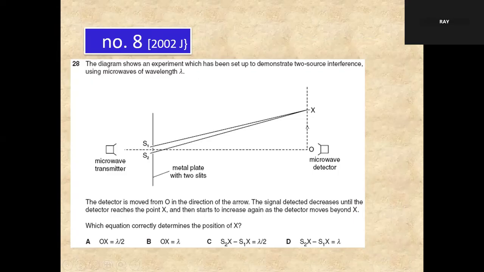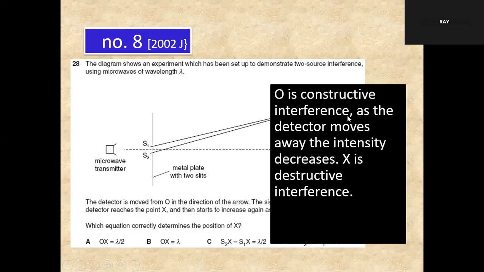How about this one? Okay, so there's your source S1, S2. This is where the central maximum is. It decreases to 0 here.